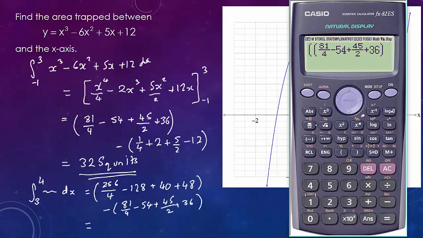So we've got 256 over 4, take away 1, 2, 8, add 40, add 48. And take away that second bracket, and that gives us -3/4.